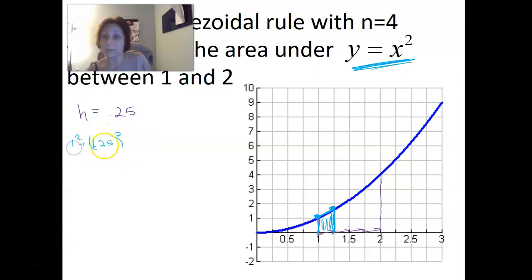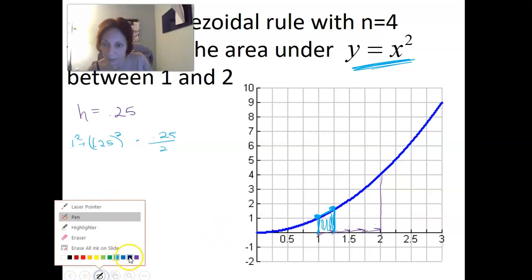So base 1 plus base 2, and then I'm going to multiply that by 0.25 over 2. It's going to give me my area of that first blue trapezoid.